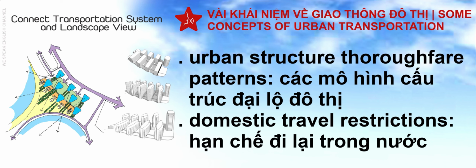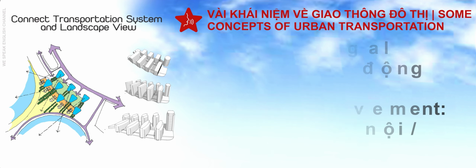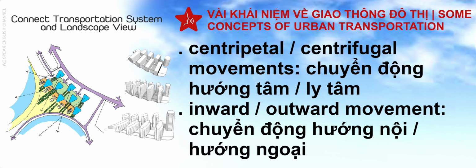Urban structure thoroughfare balance. Domestic travel restrictions. Centripetal and centrifugal movements. Inward movement. Outward movement.